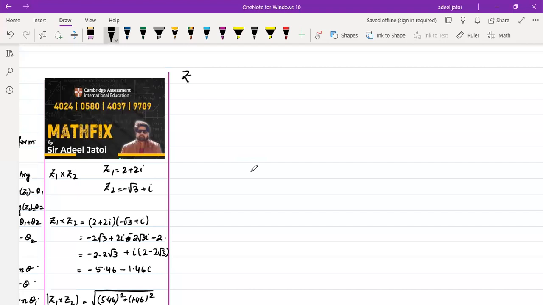If I just work upon this, let's say we have z1 as 2 plus 2 iota and z2 as minus root 3 plus iota. So what we can do is, z1 was 2 plus 2 iota, r is 2 root 2, and the theta of this is pi upon 4.